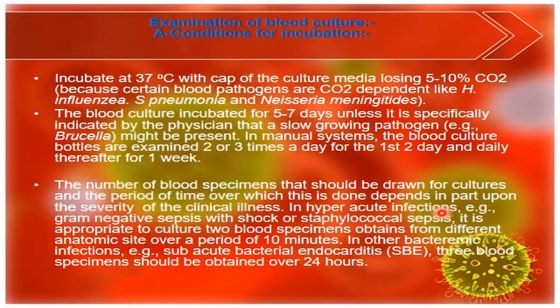In hyperacute infections like Gram-negative sepsis with shock or staphylococcal sepsis, it's appropriate to culture 2 blood specimens obtained from different anatomic sites over a period of 10 minutes. In other bacteremic infections like subacute bacterial endocarditis, 3 blood specimens should be obtained over 24 hours.